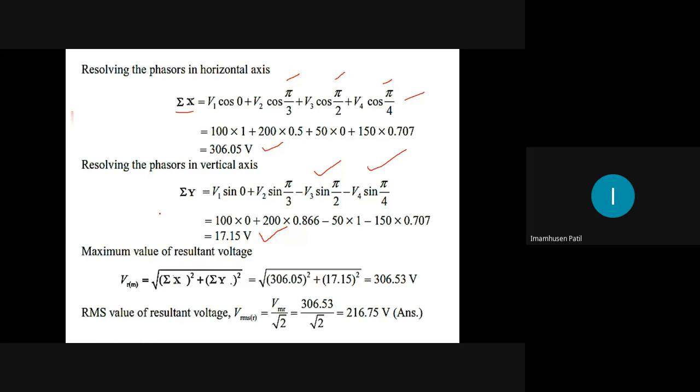Okay. Now we have taken all these maximum quantities. The maximum value of the resultant voltage is the square root of summation of x whole square plus summation of y whole square, if you get this one.